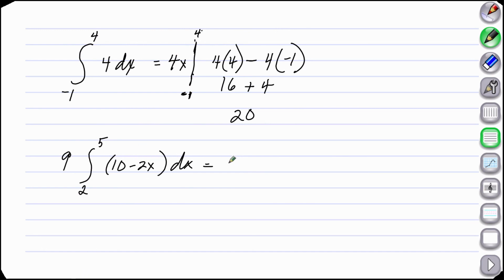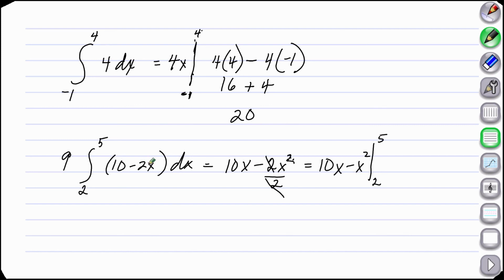What would that be? 10x minus 2x squared over, and we want to be kind of careful on this one because it's easy to forget, over 2. X squared over 2, see? So these cancel. So it's really 10x minus x squared from 5 to 2.